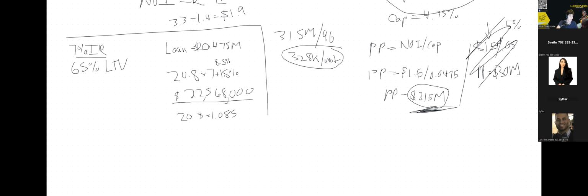I'm going to say the term is probably 10 years. Let's see if this works as 10 years, which is 120 months. How much was this NOI?